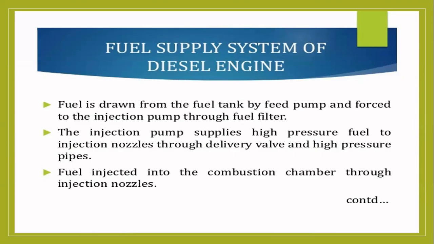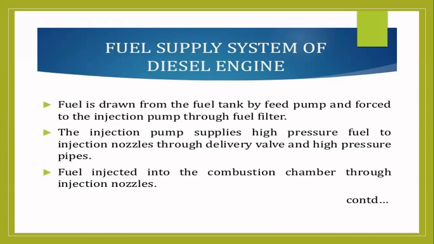Here, every chamber has a separate copper pipe called the high pressure pipe. The high pressure pipe is a copper pipe, right? So fuel is sent through the copper pipe to the combustion chamber. Fuel is injected into the combustion chamber through the injection nozzle.